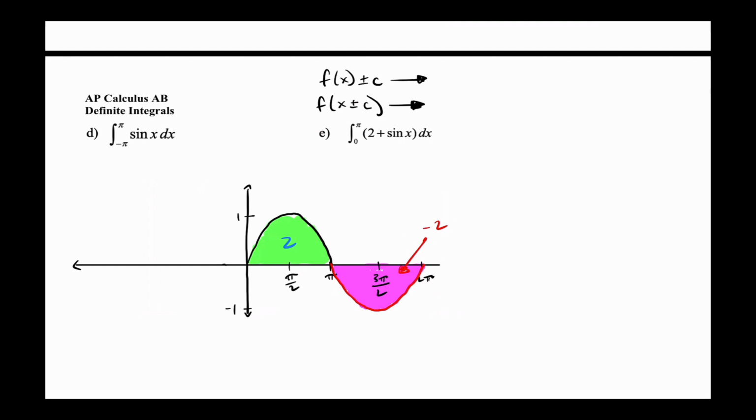So for D, now you don't start at 0, you don't start at pi, you start at negative pi. So negative pi is on the other side. Negative pi over 2, negative pi.